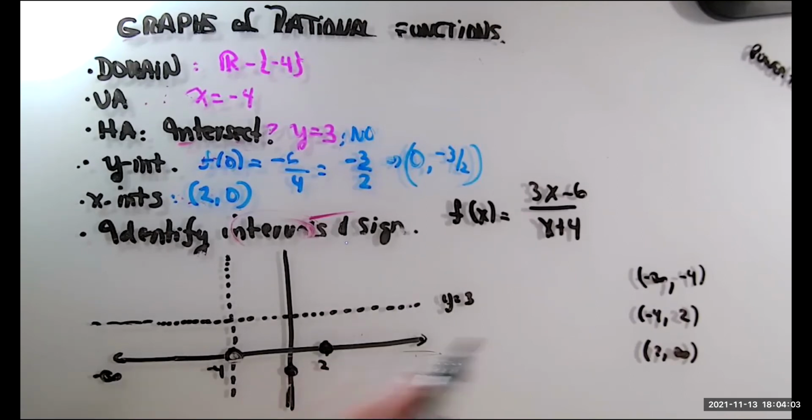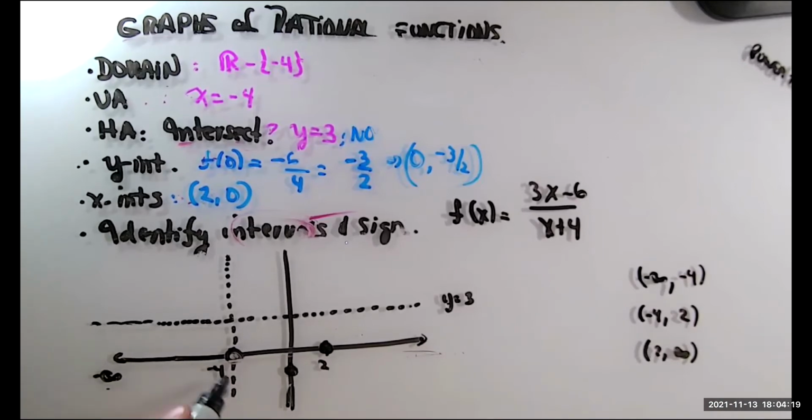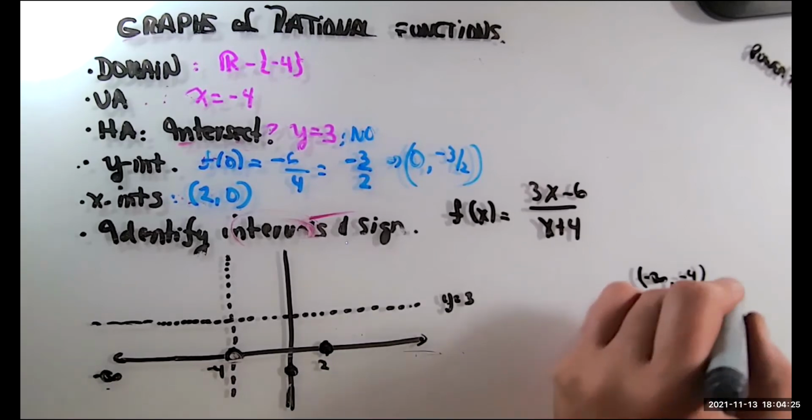So my x-axis got quote unquote chopped from -infinity to -4. Something funny is happening here. From -4 to 2, something is happening here. And then from 2 to infinity, something happens. Now we need to choose any number in this sub-interval. So any number less than -4, I don't know, let me choose -6.